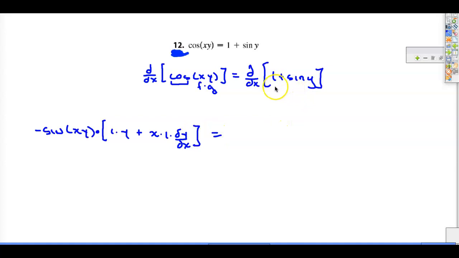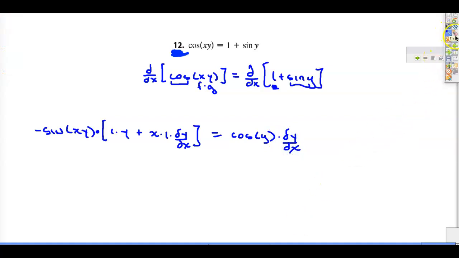Now when you take the derivative of a constant, you get 0. And the derivative of sine y is going to be cosine of y, but we're taking the derivative of y, so by the chain rule, we have to add dy/dx.